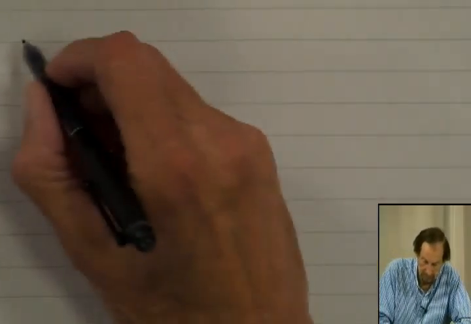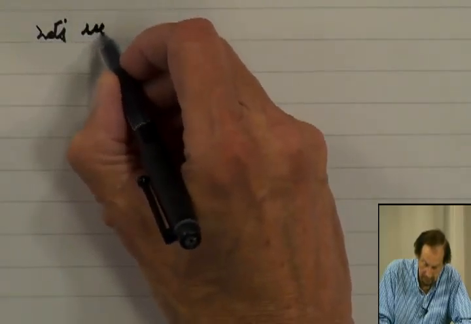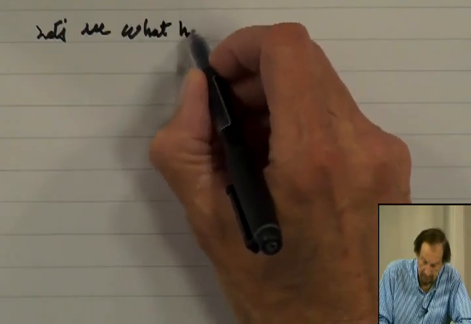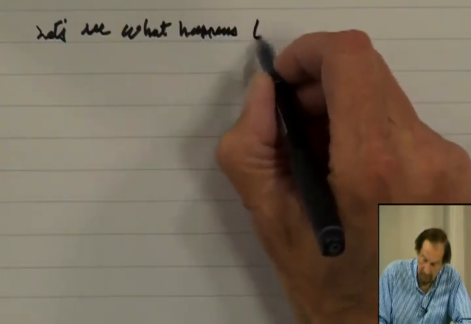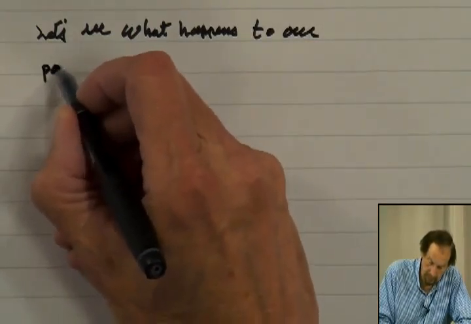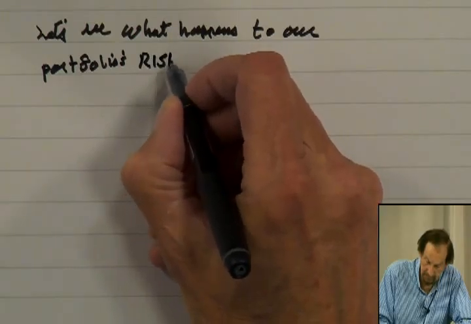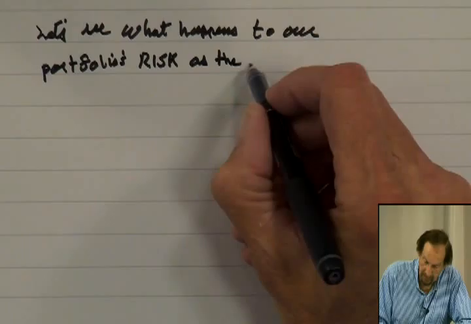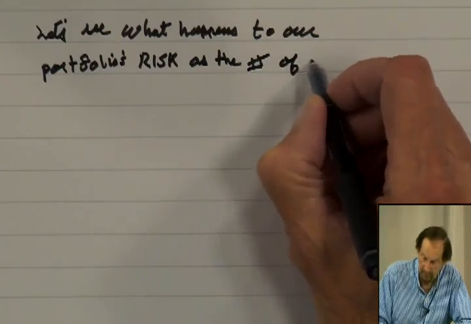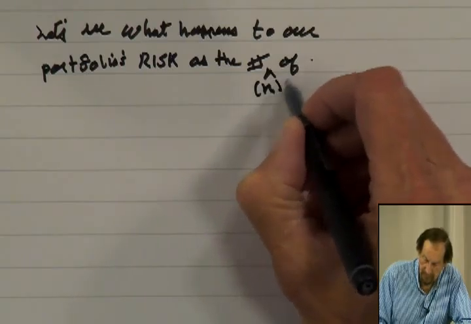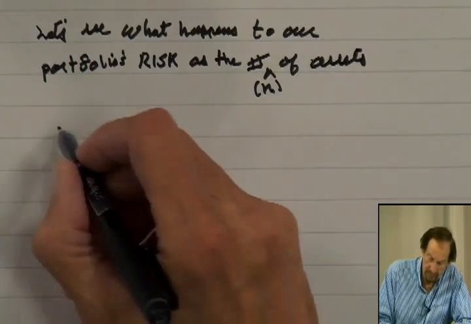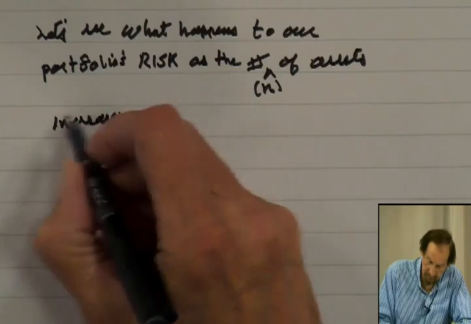Okay, let's see how far we can get. Now, let's see what happens to our portfolio risk as the number n of assets increases.